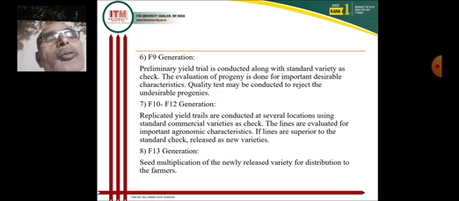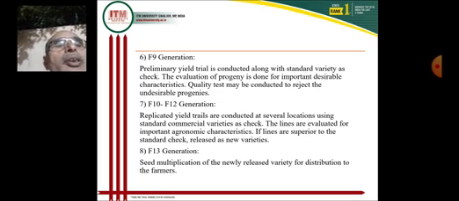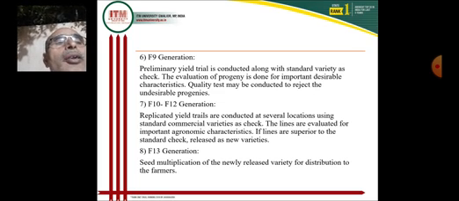So during multi-locational test, if the lines or progenies are best or superior to the local check variety, then seed multiplication is started and variety is released.